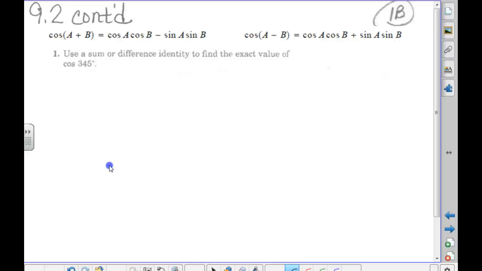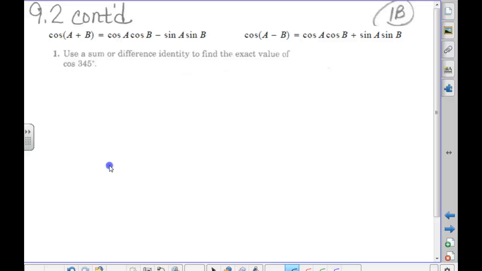We used to, in the old days, have to do a ton of these. It says find the exact value of the cosine of 345. Okay? The only thing I have exact values for are on my unit circle. Is 345 on my unit circle?